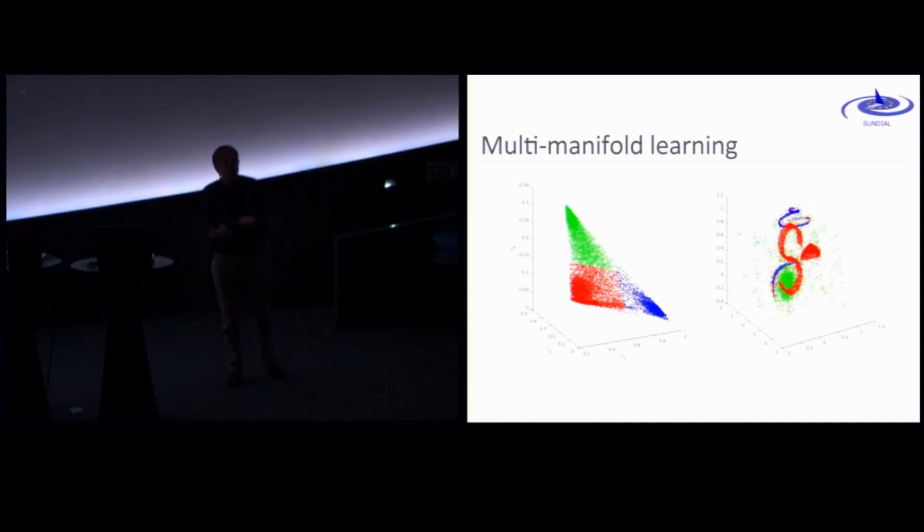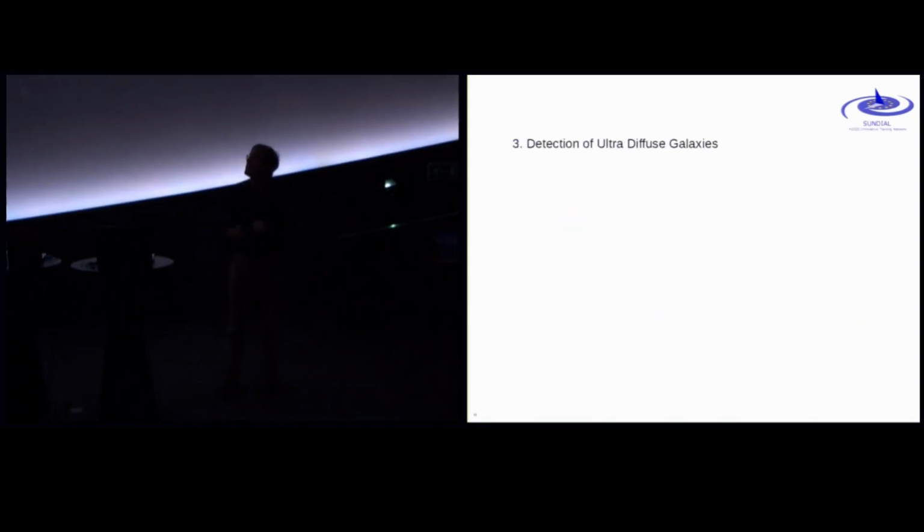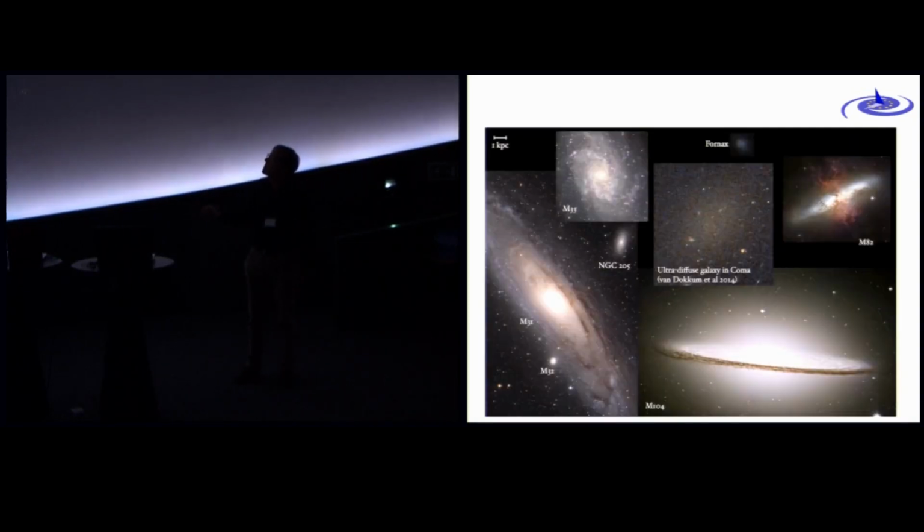So let's talk about ultra-diffuse galaxies and detection. So this is an ultra-diffuse galaxy, and as you compare it here to the Sombrero or some fainter galaxies, the surface brightness in the center is something like 7-8 magnitudes fainter, which is 3 orders of magnitude or so.